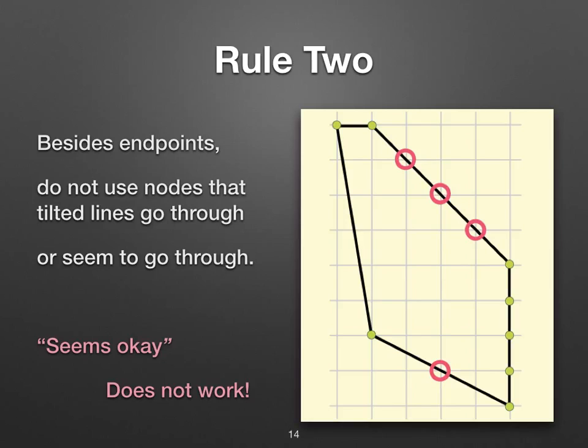Besides endpoints, students are not allowed to use nodes that tilted lines seem to be going through. "Seems okay" doesn't work. On the picture, tilted lines do cross the nodes. However, these nodes are not allowed to be used.